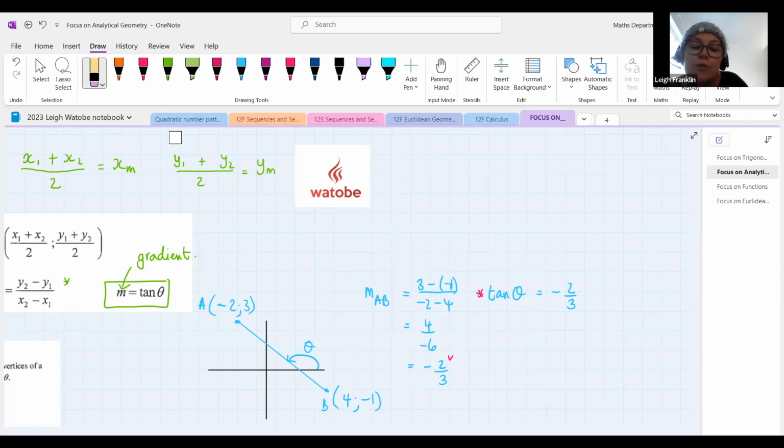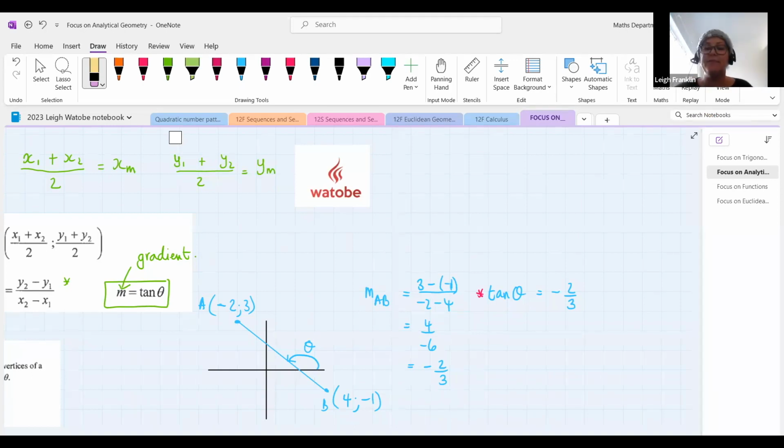Okay, so some teachers, and it really depends on what you've learned at school, teach you to calculate the angle using the negative. So what ends up happening is now we go shift tan on our calculators and we put in -2/3.